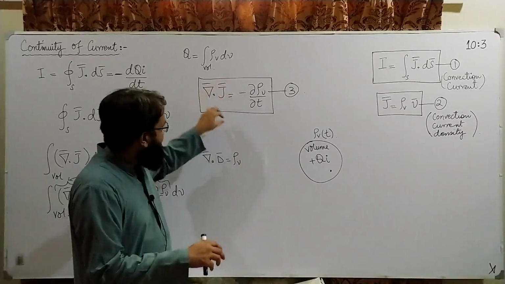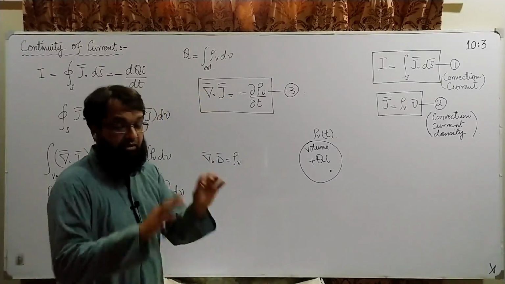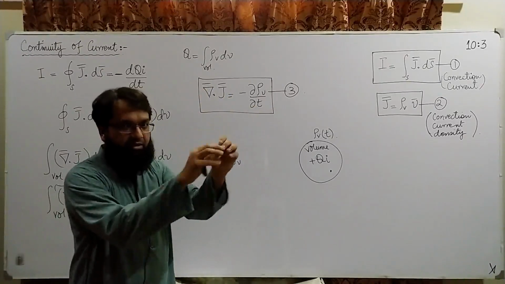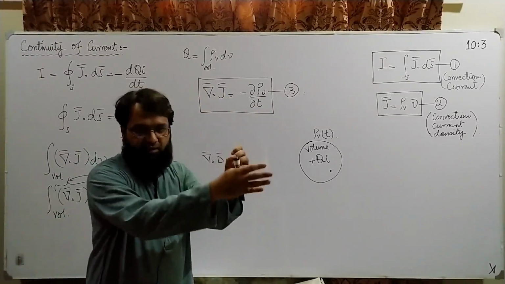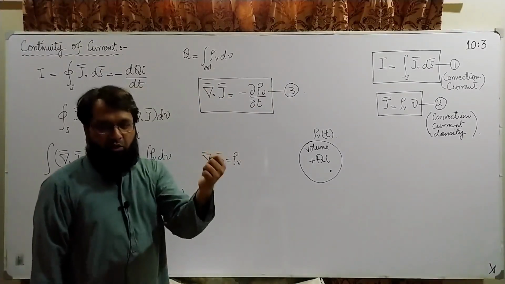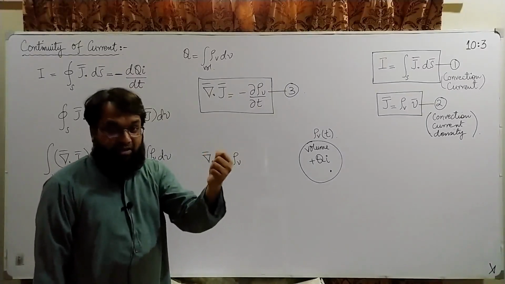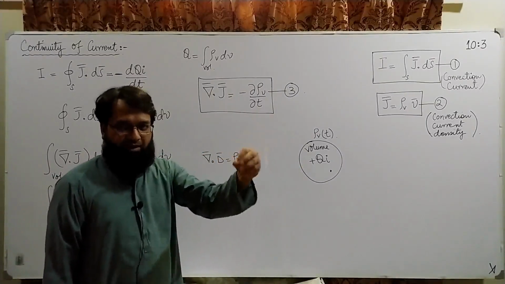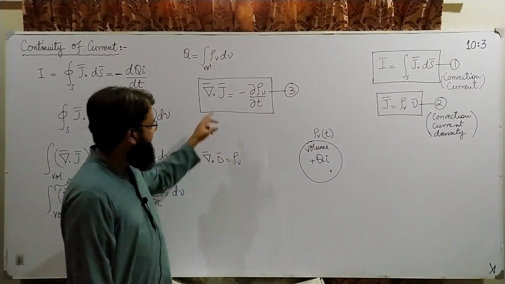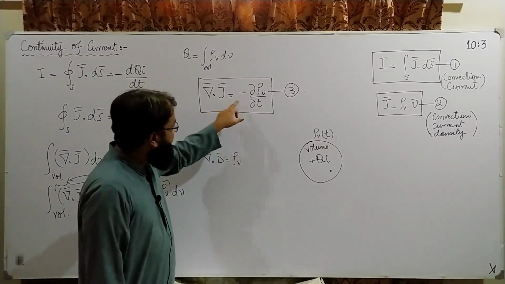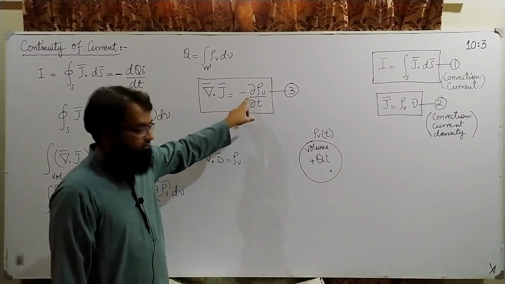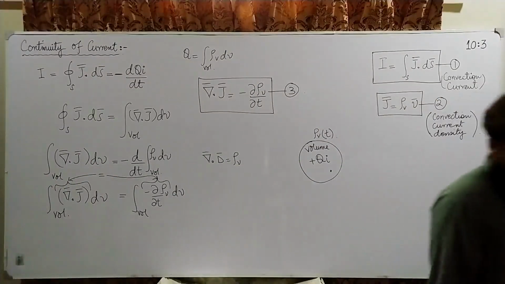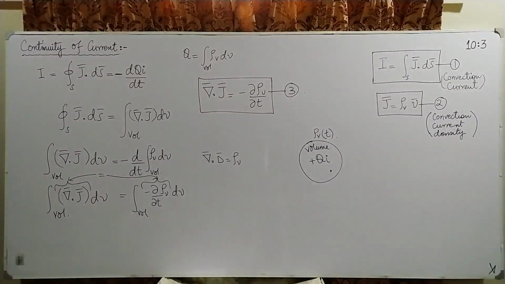So that point is a sink of current, because charges are coming in and staying there, no longer moving further. It means that that particular point is the sink of current, because current is terminating at that point. You can think of it like this, and in that case you'll get a negative value of the divergence.